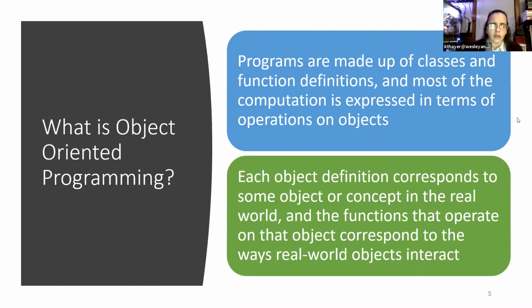If the computer can calculate those things and we always need to calculate them, why bother for us to calculate them? Let the computer do it. That's kind of the thinking behind object-oriented programming.